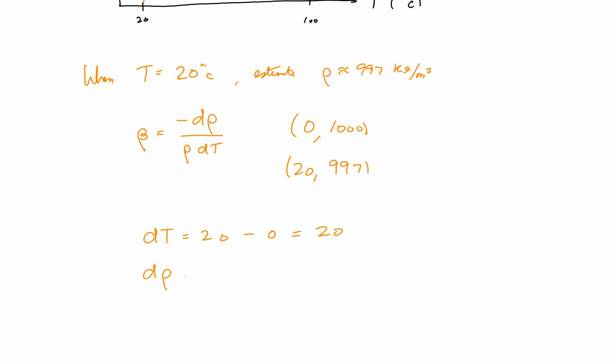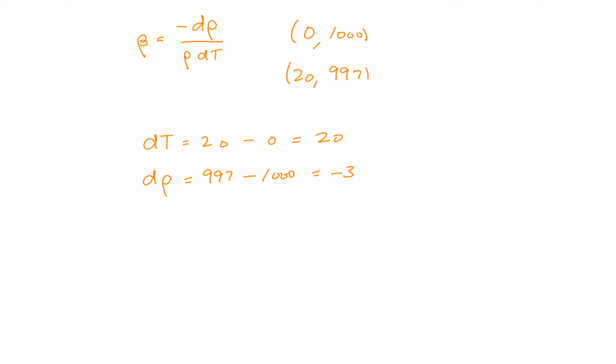And d rho is 997 minus 1,000, so negative 3. So that would tell me my beta is approximately negative negative 3 over... maybe I should write it in the other order.